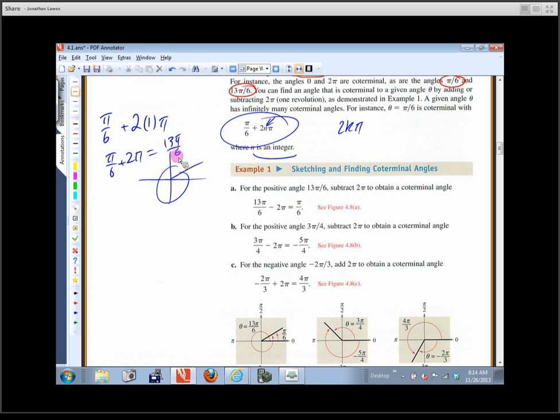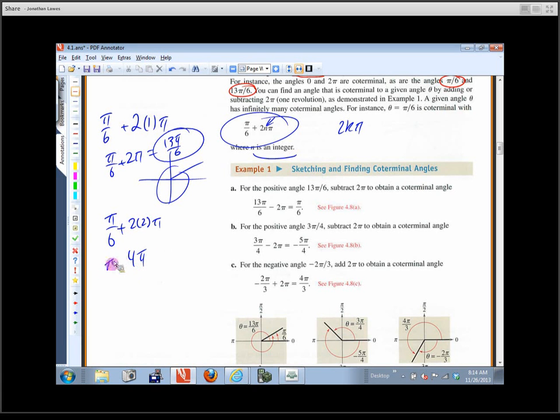How could I come up with another positive one that's coterminal with pi sixths? I went around the circle once more, and that gave me another one that was 13 pi sixths. How could I find another one that's coterminal? Go twice. So that's going to be pi sixths plus, instead of putting a 1 here, meaning go around one full circle, let's put a 2 there. 2 times around the circle is going to be 4 pi.